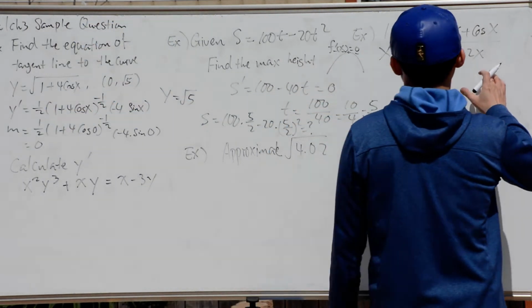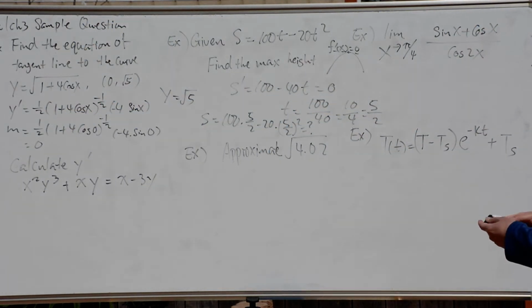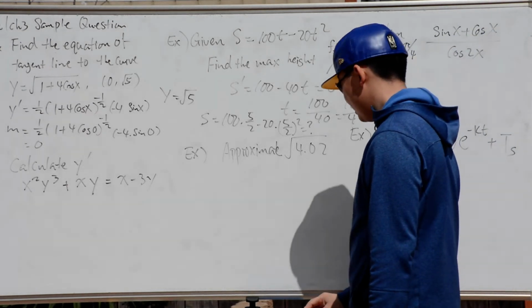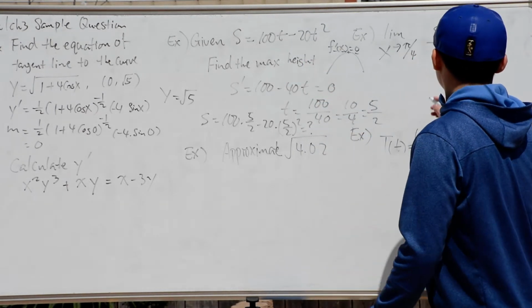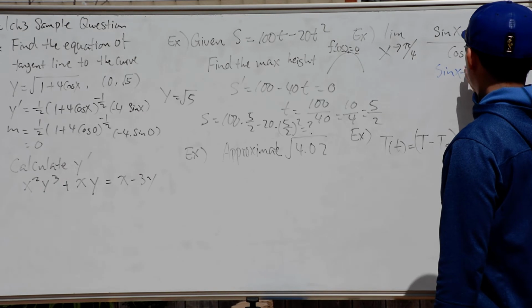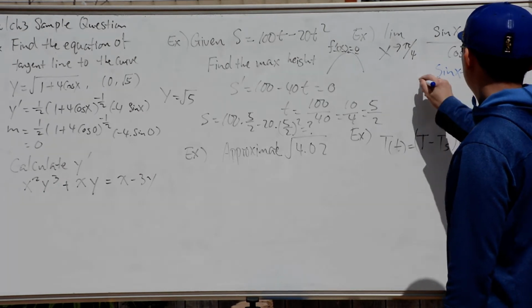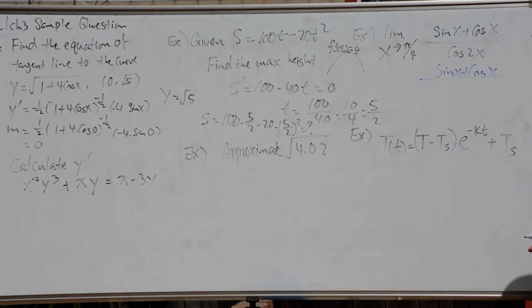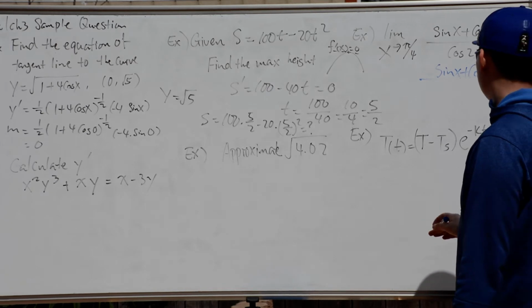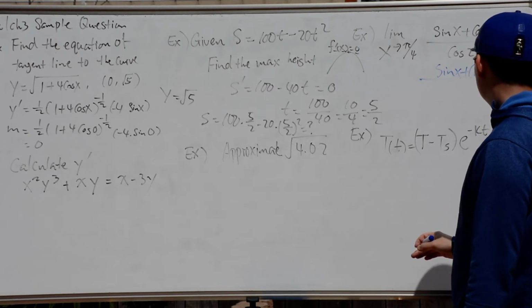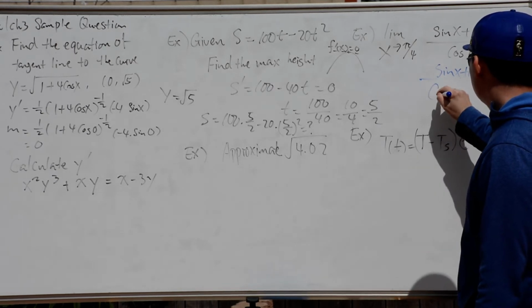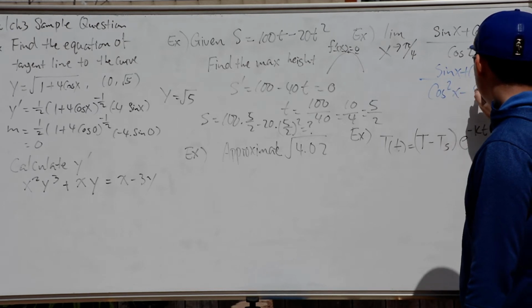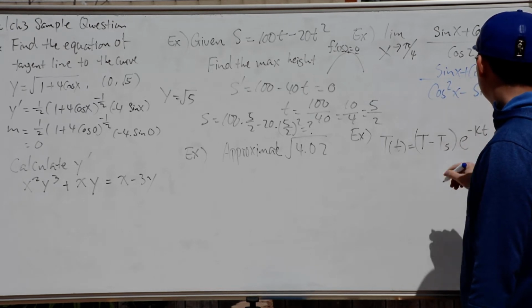And then the next one is finding the limit. This one you need to use the properties of the identity. Sine x plus cosine x, nothing we can do about it, so just leave it. For the cosine of 2x identity, we're using the difference of two squares formula: cosine squared of x minus sine squared of x.